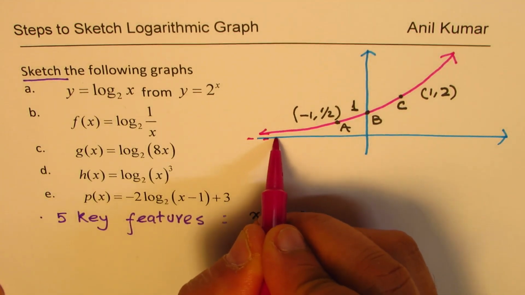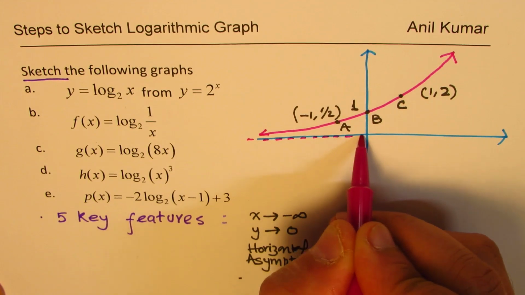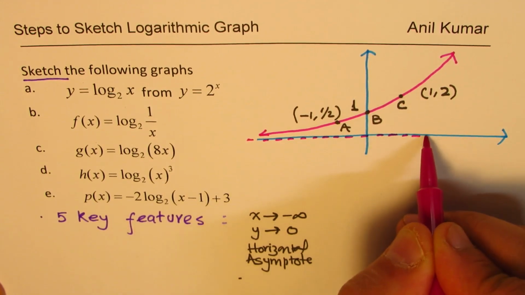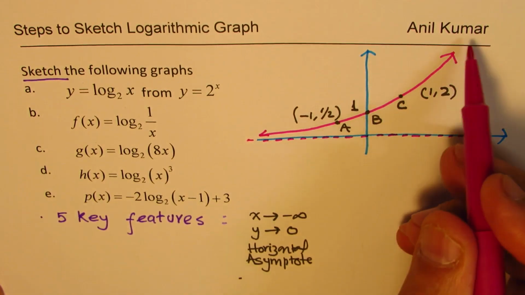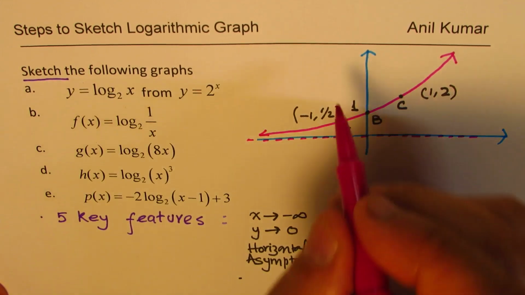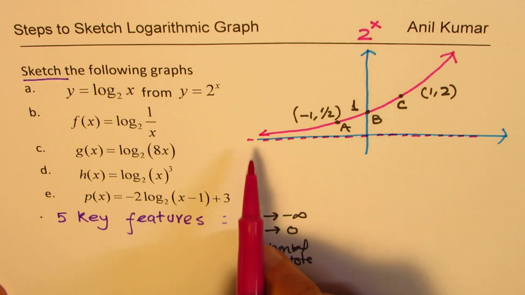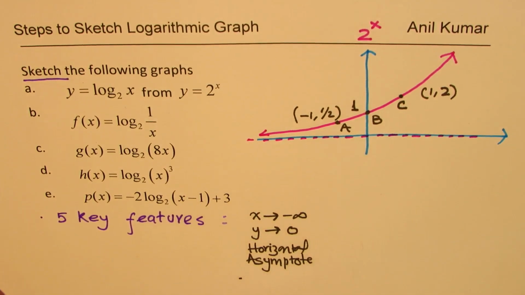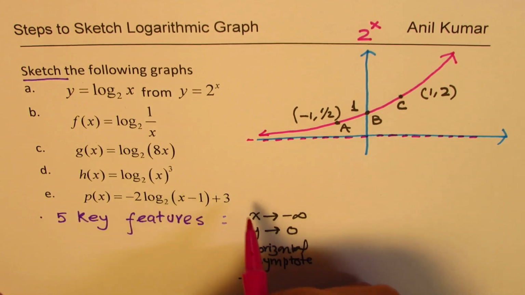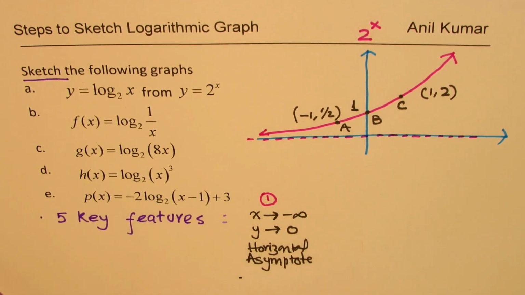The x-axis, which is y equals 0, is the horizontal asymptote. So that is also a part of this particular graph, which is 2 to the power of x, right? Many students will miss this. And if I am your teacher, I'm going to deduct 0.5 marks for that, to be very frank. So that is my feature number 1.